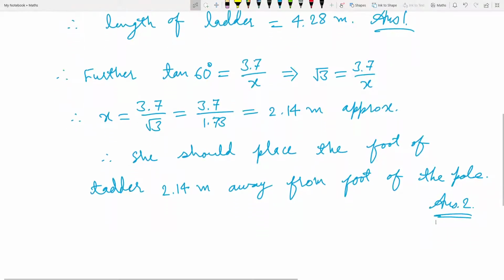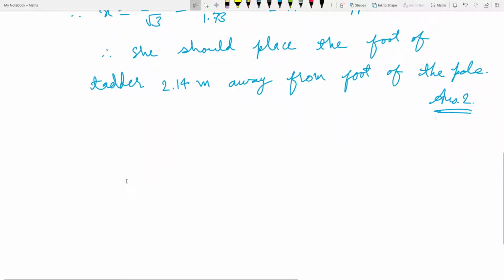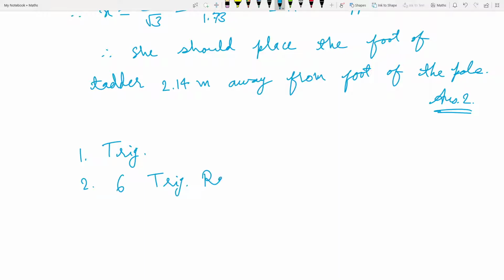So in this way, we end this class in which we have learned what trigonometry is, how do we define it. First of all, we have seen introduction to trigonometry, then we have seen how to define 6 trigonometric ratios. Also, we have learned how to learn the ratios.